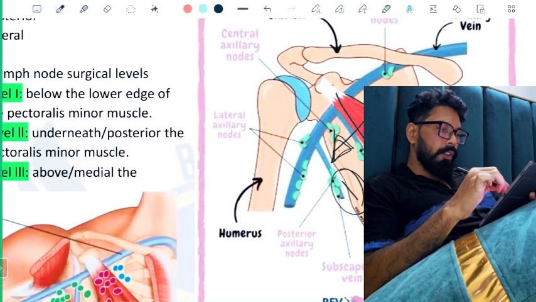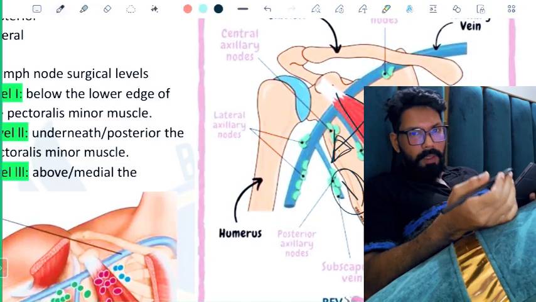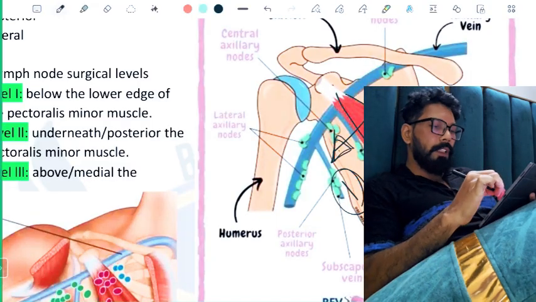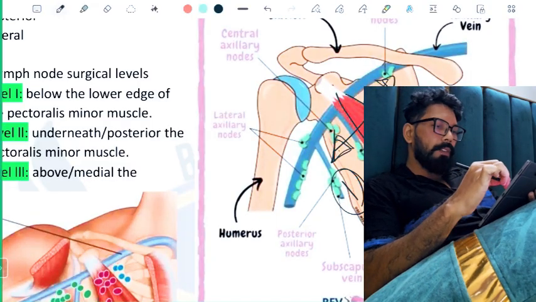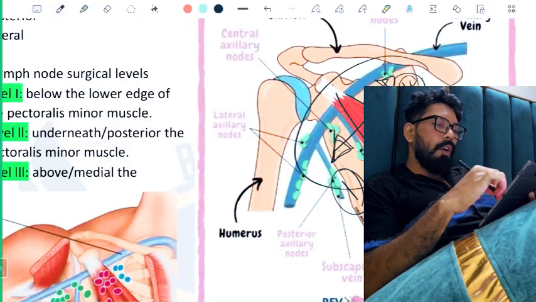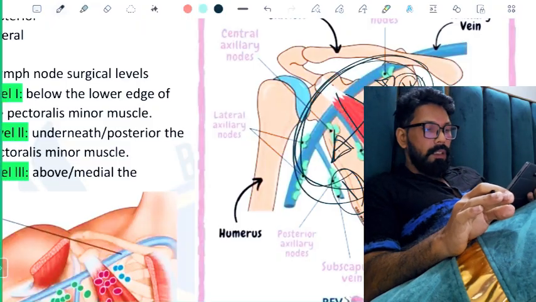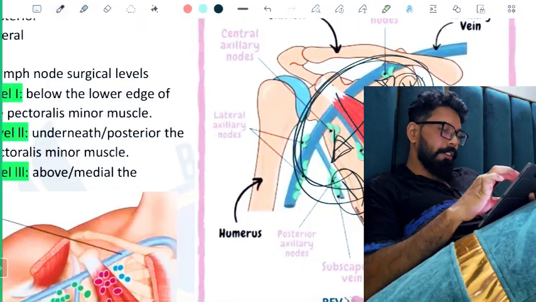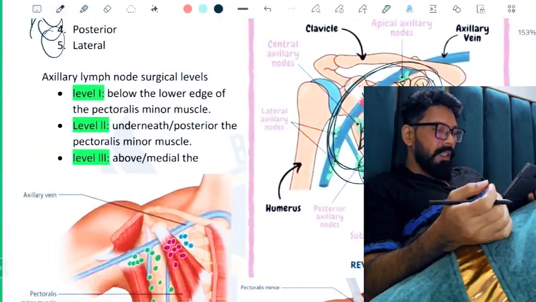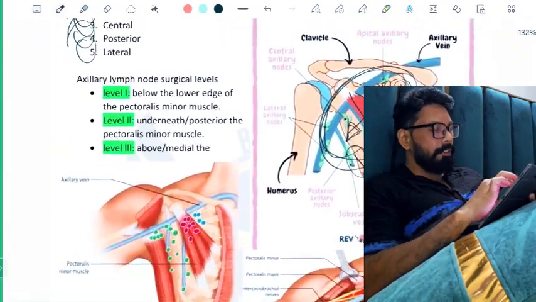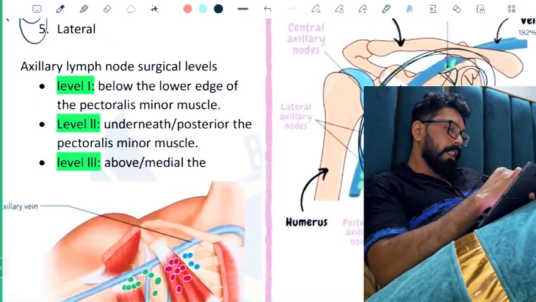Behind pectoralis minor, we have level 2, and above, we have level 3 lymph nodes. Now, all of the lymph nodes are cleared during mastectomy. If they are metastasized or the sentinel lymph node is positive, they don't ask, just remember the levels.